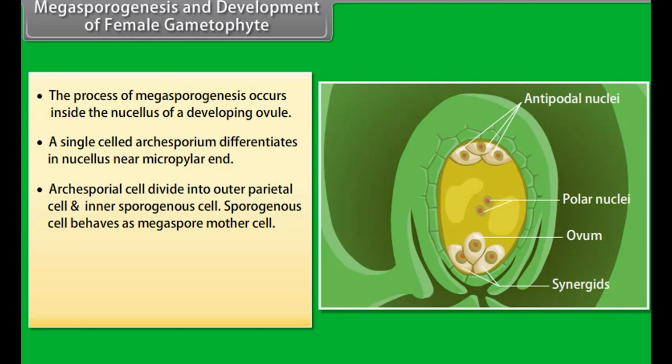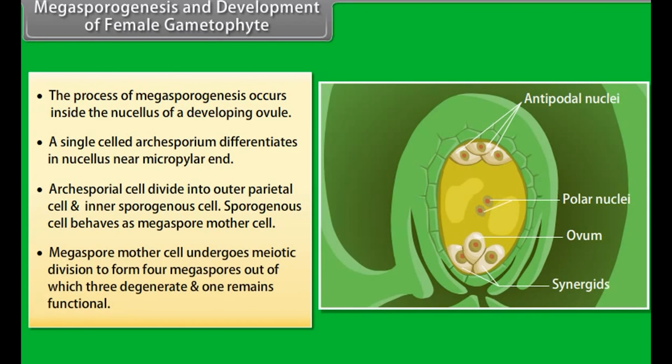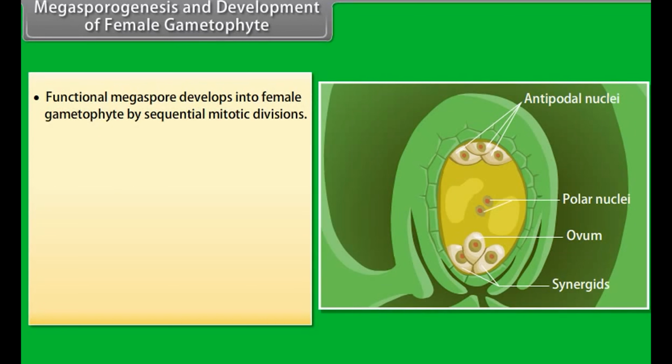Sporogenous cell behaves as megaspore mother cell. Megaspore mother cell undergoes meiotic division to form 4 megaspores, out of which 3 degenerate and 1 remains functional. Functional megaspore develops into female gametophyte by sequential mitotic divisions. Female gametophyte consists of 8-nucleate embryo sac.